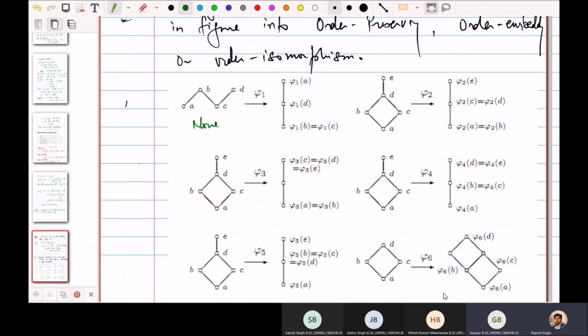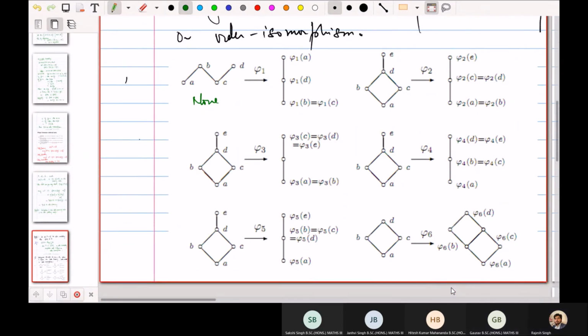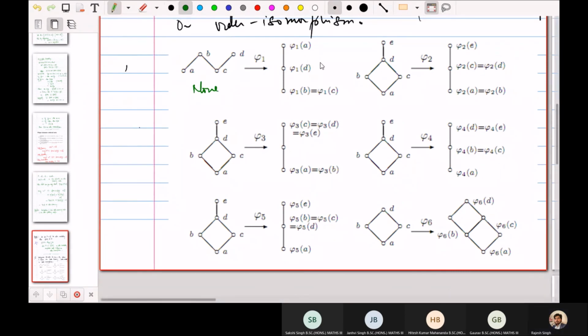Is it order embedding? It is order preserving, right? Order embedding है, ये देखो ना इधर. 5-2B is related to 5-2A, right? Is B related to A? No, sir. So it is not order embedding. So order embedding नहीं है तो order isomorphism भी नहीं हो सकता.